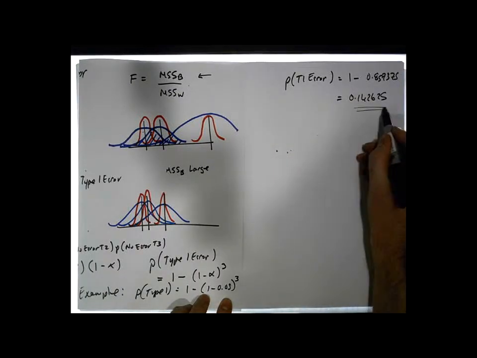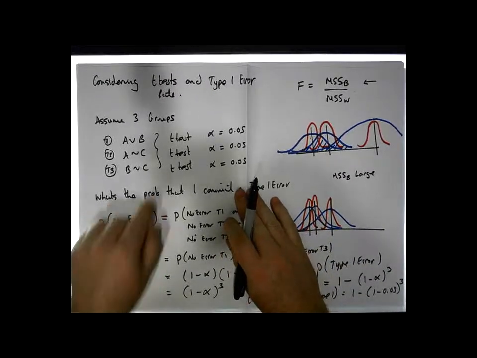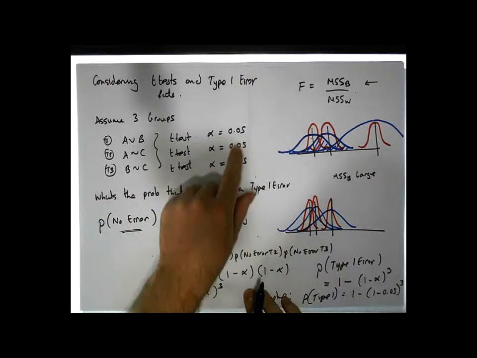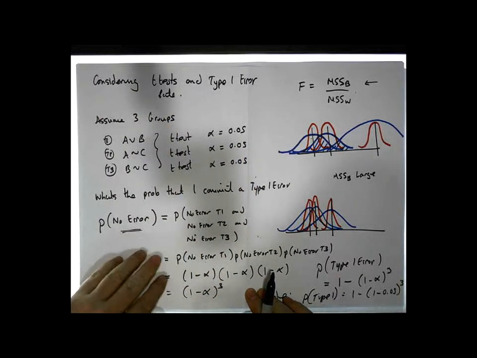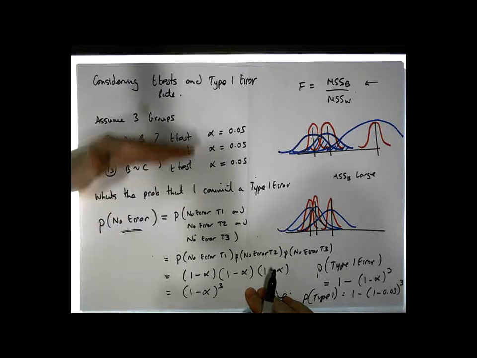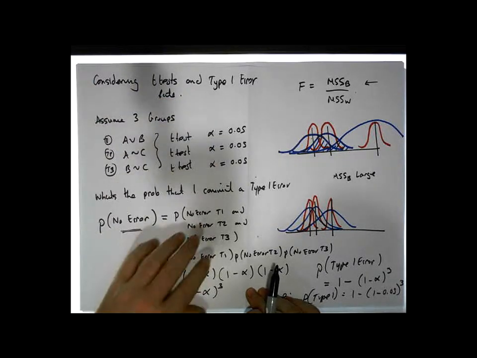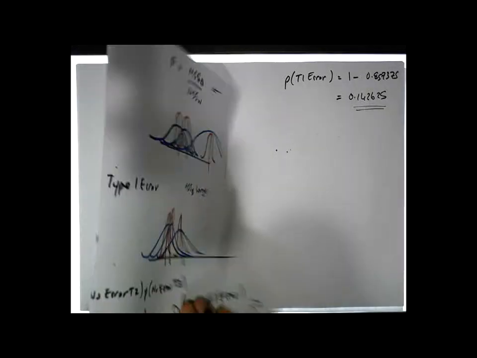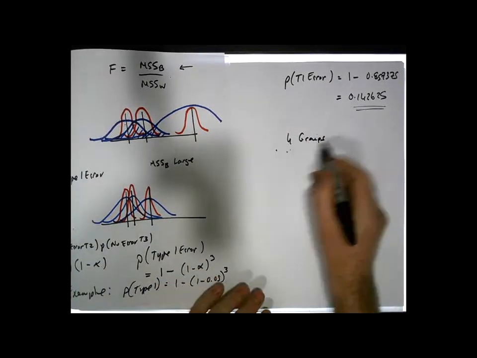So by doing 3 individual t-tests, even though we set the individual error rates at 5%, the probability of actually making an error across the whole set of tests, experiment-wide, explodes up to 14%.